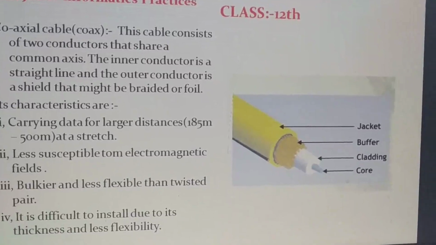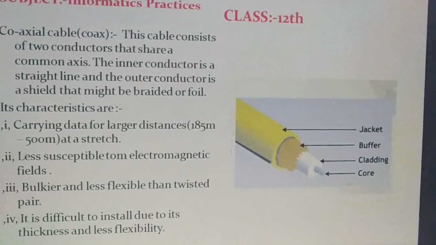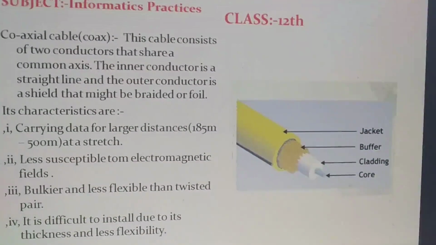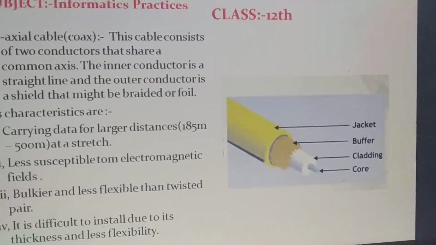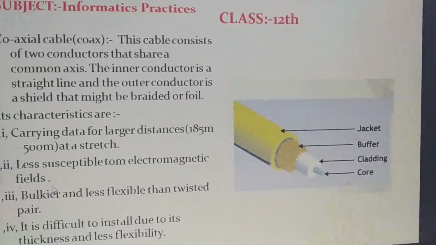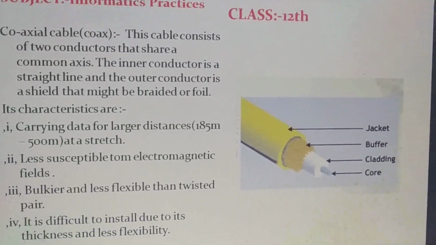What are its characteristics? It can carry data to a larger distance, that is 185 meter to 500 meter. That means it has more data carrying capacity for larger distances, and it is not too susceptible to electromagnetic fields. That means electromagnetic radiations cannot affect it to much extent.